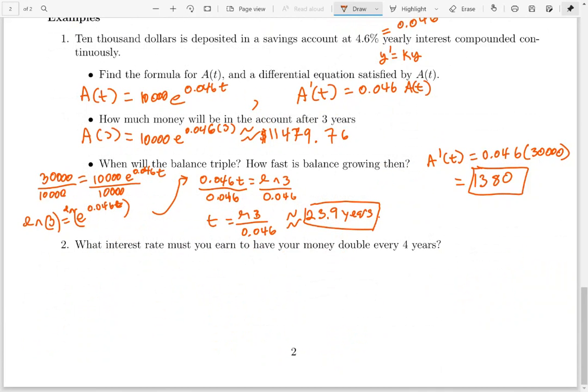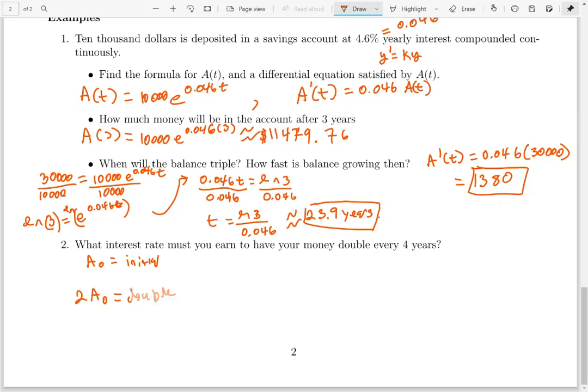Alright, now we want to know what interest rate you must earn to have your money double every 4 years. Remember that our initial amount is A sub naught, and if we want to double that, it's going to be 2 times the initial amount.